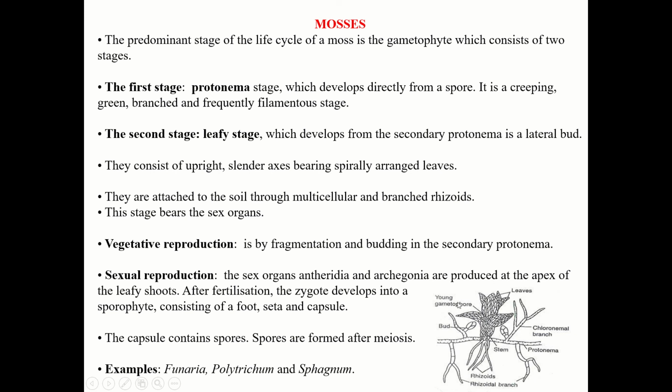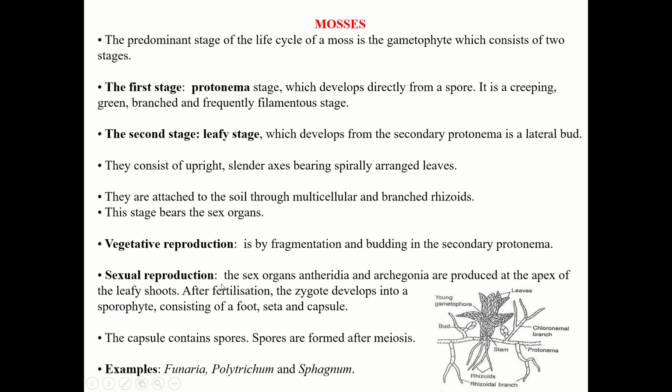Now reproduction. Again, there are two types: vegetative reproduction and sexual reproduction. Vegetative reproduction is by fragmentation and budding in the secondary protonema. Now you can see this is the bud, secondary protonema.